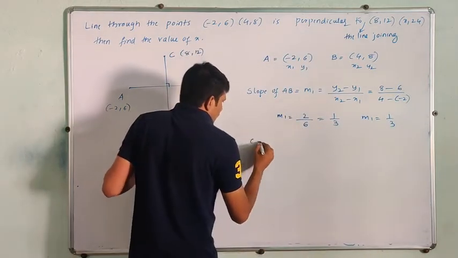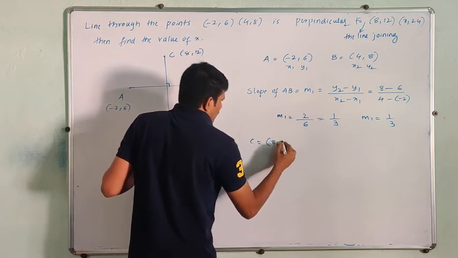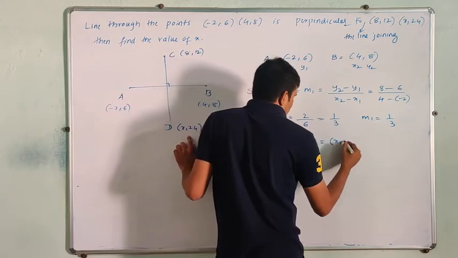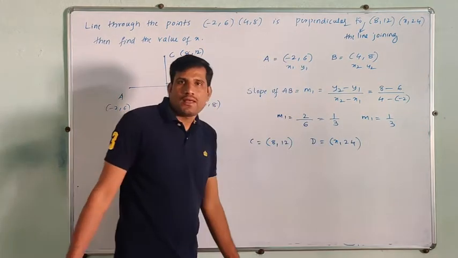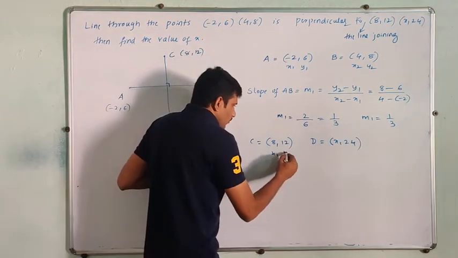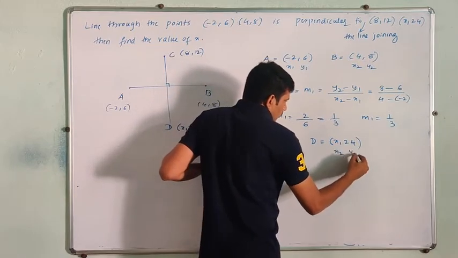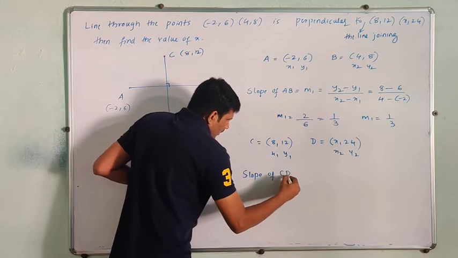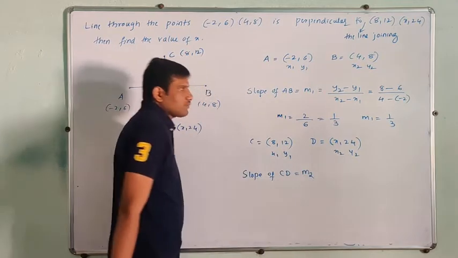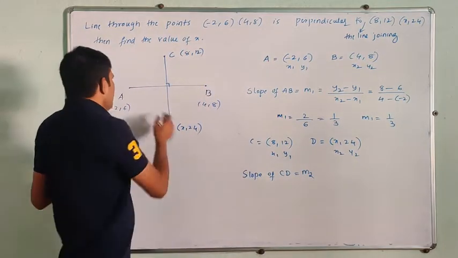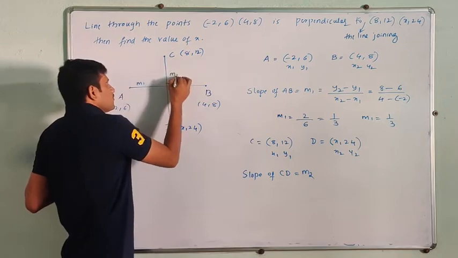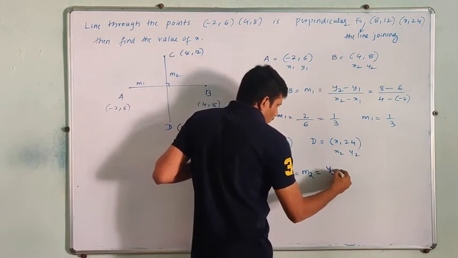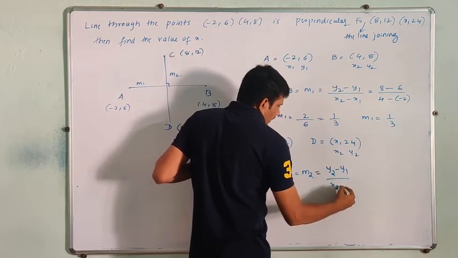The coordinates of C are (8, 12) and the coordinates of D are (x, 24). So this is x1, y1, and this is x2, y2. Then I find the slope of CD, which is m2. So the slope of AB is m1 and the slope of CD is m2. m2 is equal to y2 minus y1 divided by x2 minus x1.